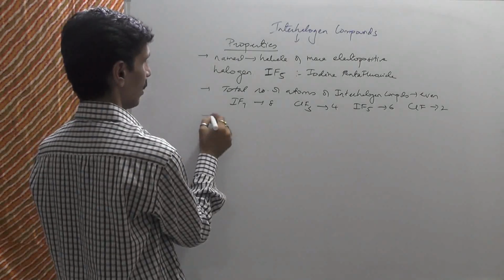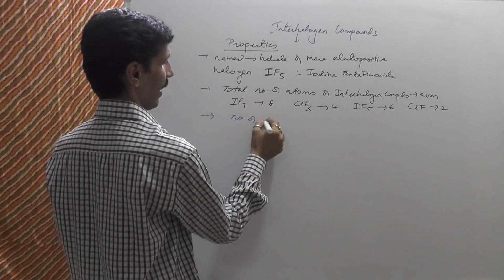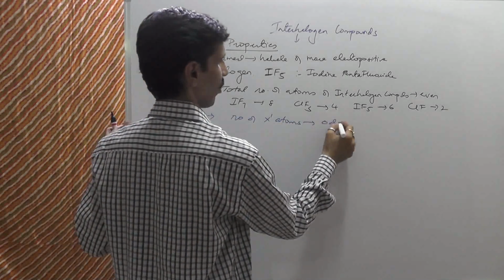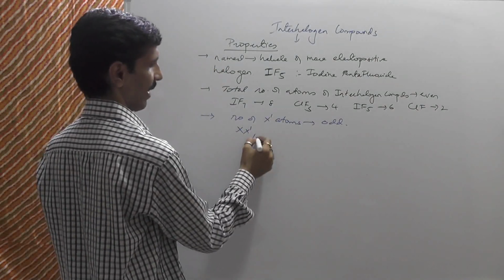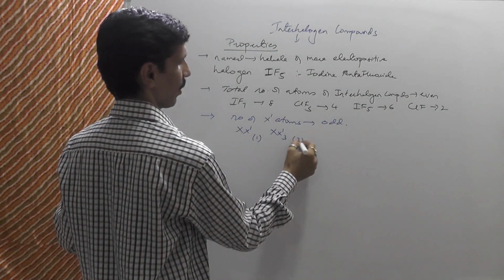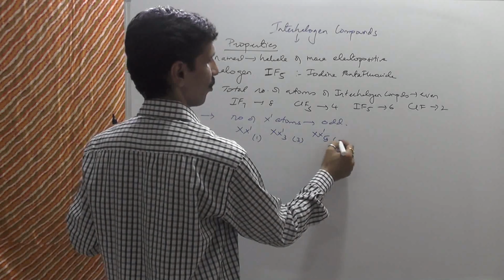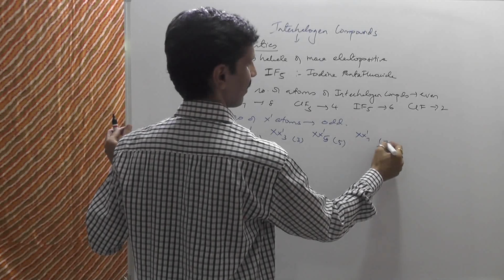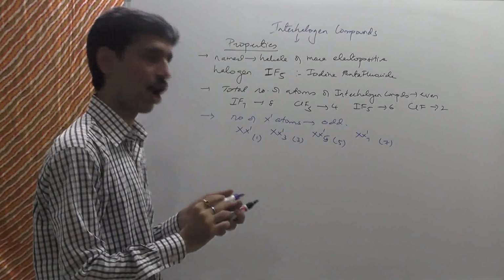नेक्स्ट वन इज, याद रखिएगा, the number of X dash atoms are always odd. ओके यानी आपने देखा होगा X dash है तो यहाँ पे X dash इज 1, फिर X dash 3 है तो दैट मीन्स यहाँ पर 3 है, फिर X dash 5 सो वी हैव गॉट 5, X dash 7 है तो यहाँ पे X dash इज 7, सो 1 3 5 7, so they are all considered as odd.